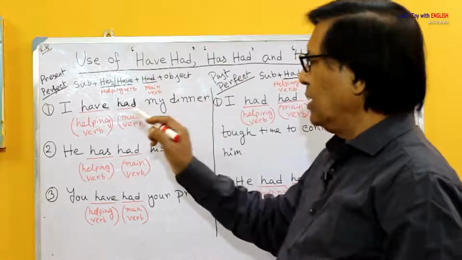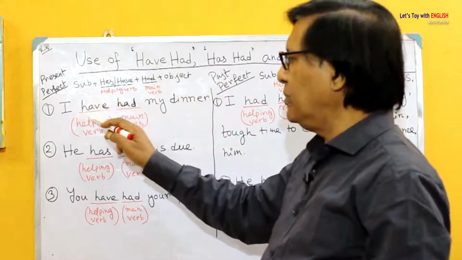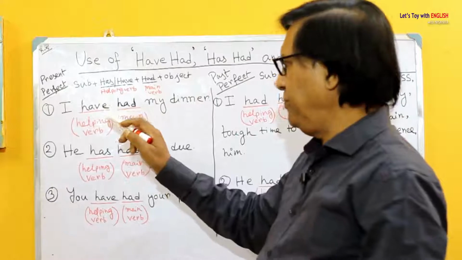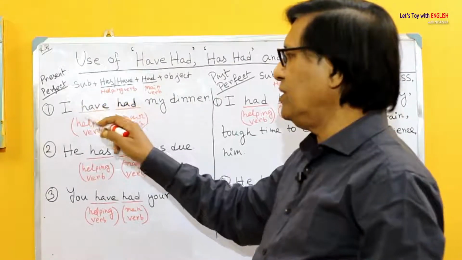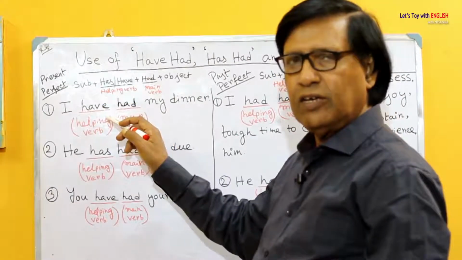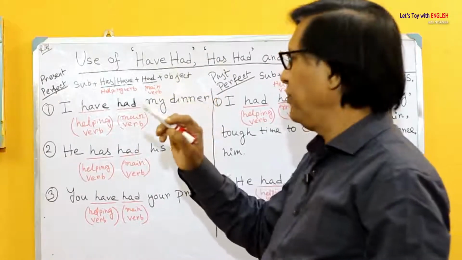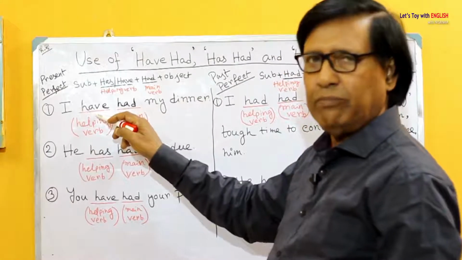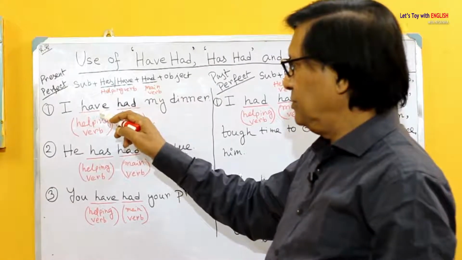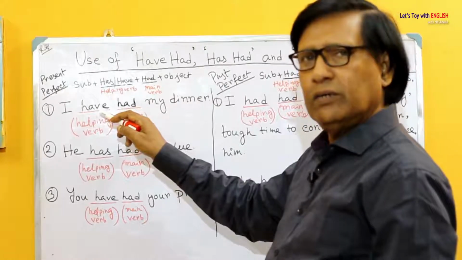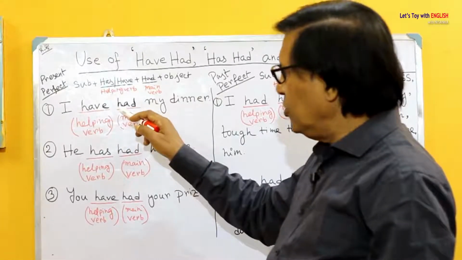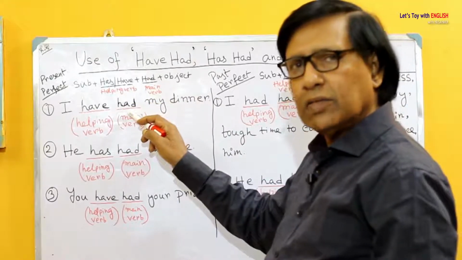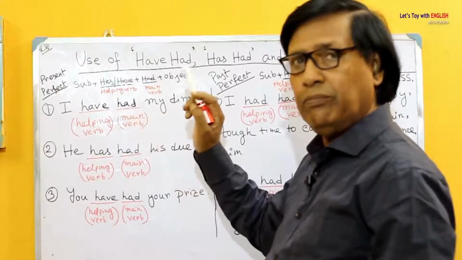Okay? Here have, this very have, denotes tense. Okay, my friend? And what type of tense is it? I think it is clear if you recall the previous video. And this had is following this have. Since it is denoting tense, this had is usually the third form of the verb have.